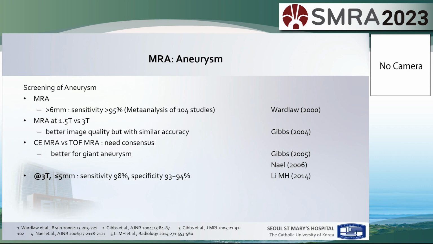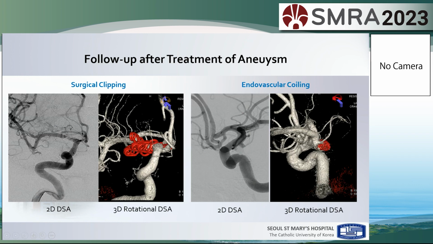From the diagnosis standpoint, MR angiography has a good ability to diagnose intracranial aneurysm. But traditionally, it has been thought that for small aneurysms, MR angiography was inferior. But if you use higher Tesla with reconstruction with the volume rendered image as well, the detection of small aneurysms can be increased.